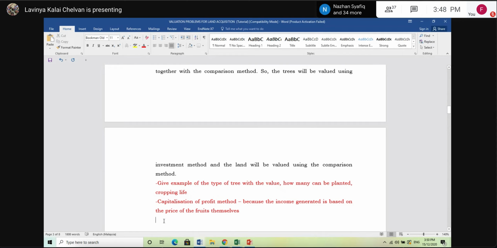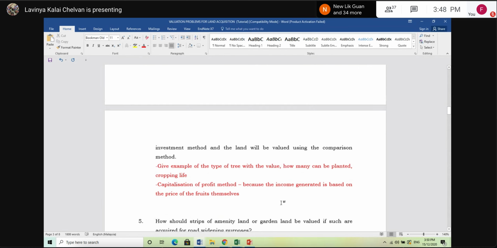Oh, okay. In this question, usually when we use the comparison method, we must find an almost similar property to compare with. But in my opinion, the question here is about the comparable. No comparable means there is no other land within the vicinity for this land to be compared.